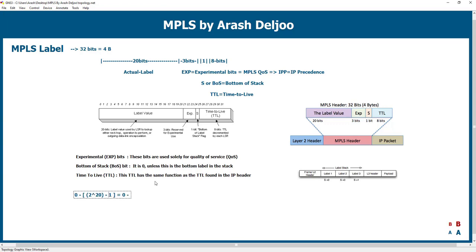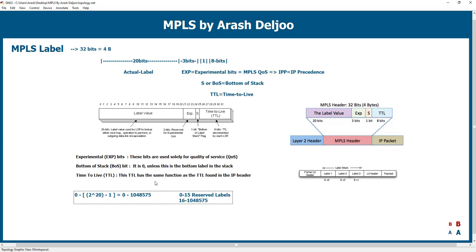Okay, but for special uses, we use 0 to 15, and these labels are reserved labels. Okay, and we can use other labels from 16 to the end.